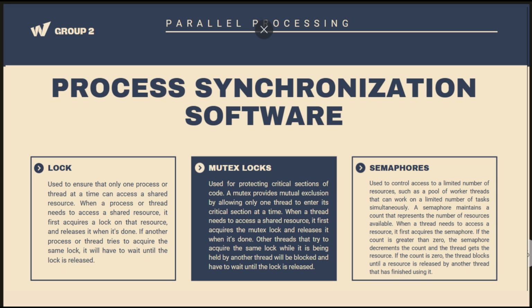Then semaphore maintains a count that represents the number of resources. When a thread needs to access a resource, it first acquires the semaphore. If the count is greater than 0, the semaphore decrements the count and the thread gets the resource. If the count is 0, it blocks until a resource is released by another thread that has finished using it.